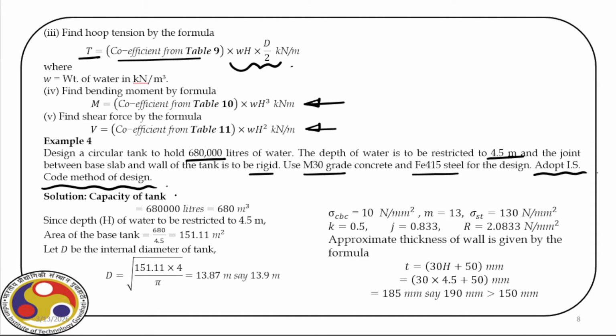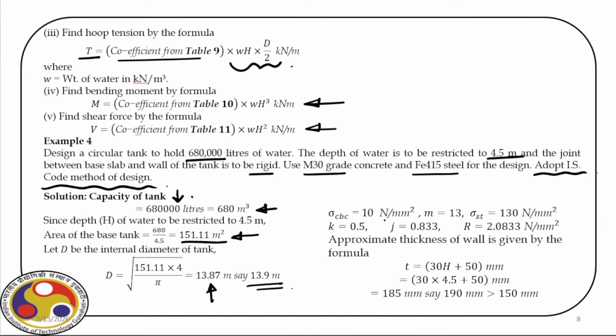So first we convert this liter into volume and we get the volume as 680 meter cube. Then we get the area of the base and that is 151.11 meter square, and then we can find out the diameter required and it is 13.87, so we can provide 13.9 as the diameter of the water tank.